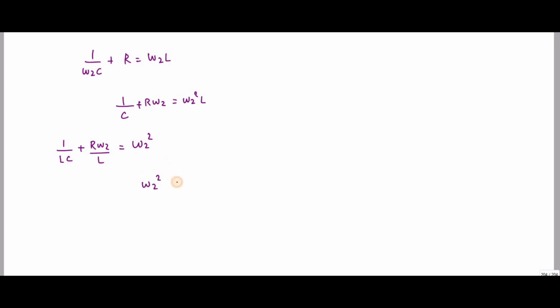So I can write omega 2 squared minus R by L omega 2 minus 1 divided by LC is equal to 0.